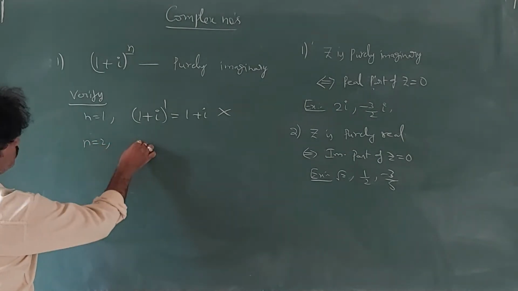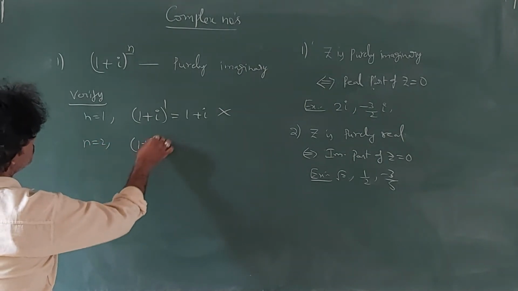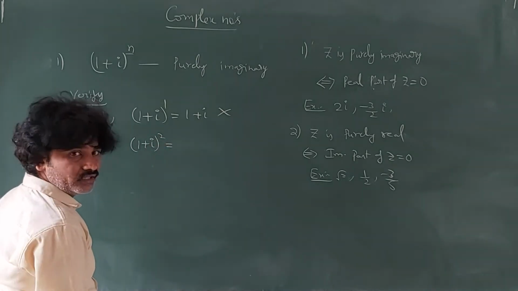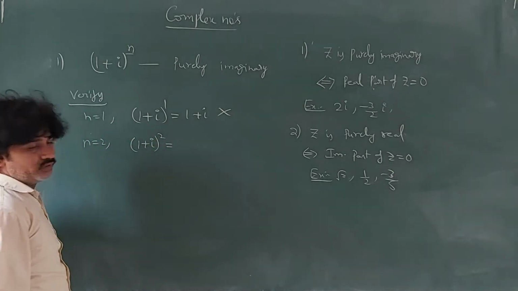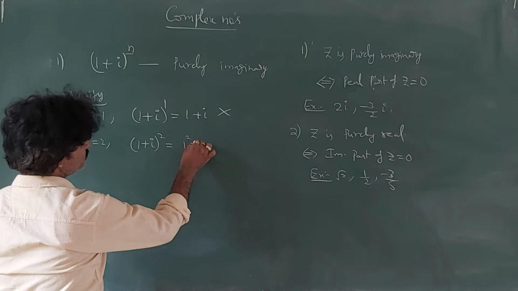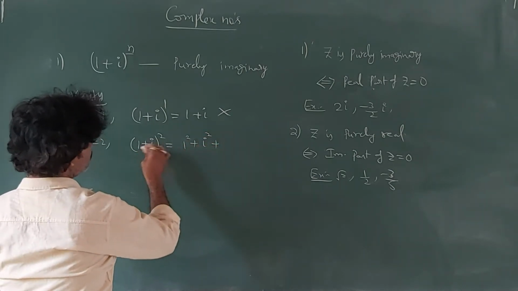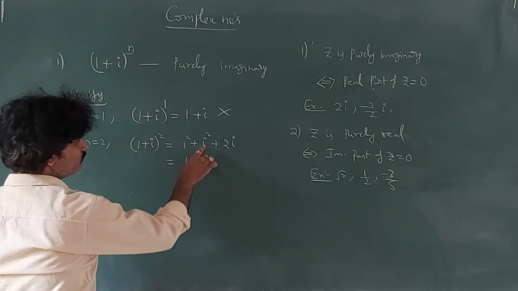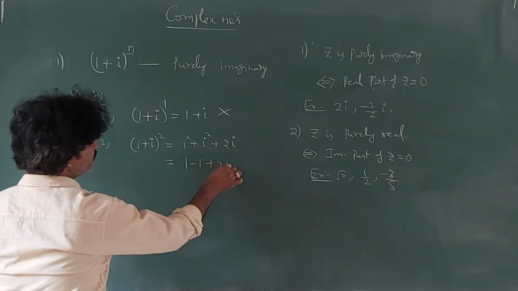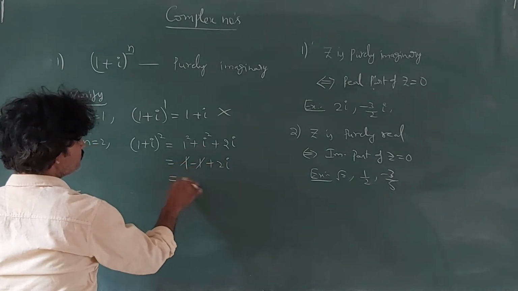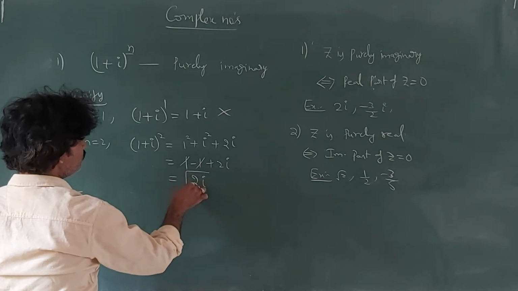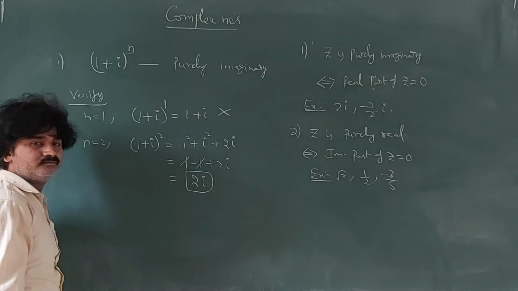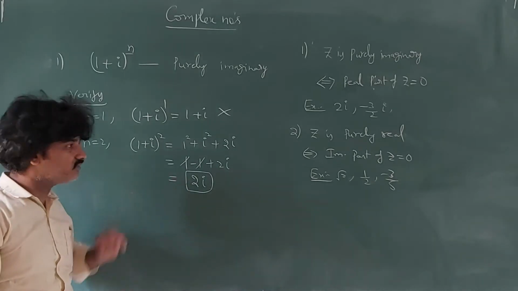Suppose I took n value 2. Then we get (1 plus i) whole square. It is like (a plus b) whole square: a square plus b square plus 2ab, so 1 square is 1, i square is minus 1, plus 2i. The 1 and minus 1 cancel, and we only got 2i. Is there any real part here?